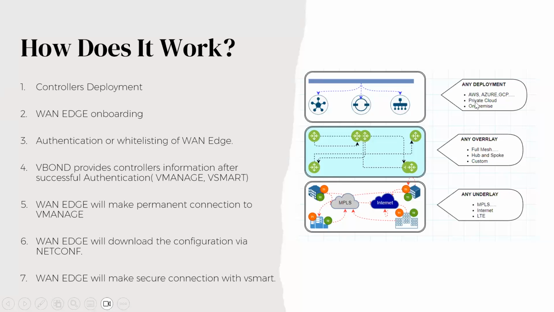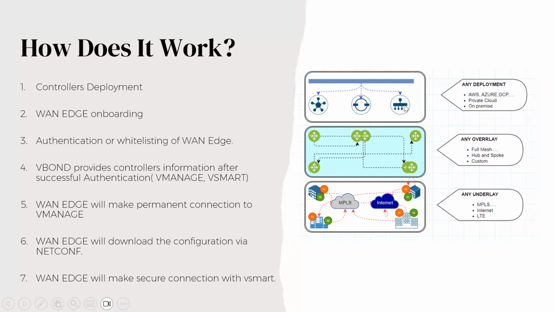Even if the business organization has its own private cloud, they can host the controllers there. Or you can host the controllers on premises, where you have to buy a physical server. It should have a high number of system resources, and you can virtualize it with a hypervisor, and from there host the controllers on premises.